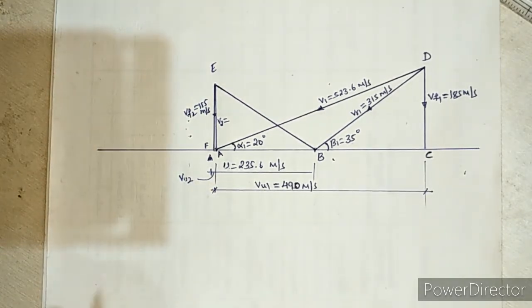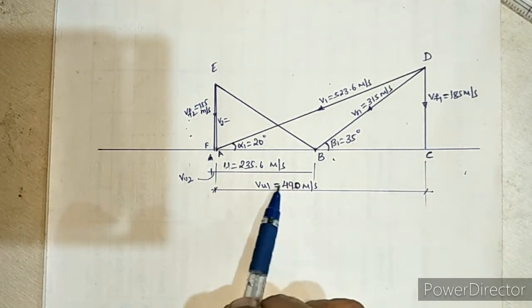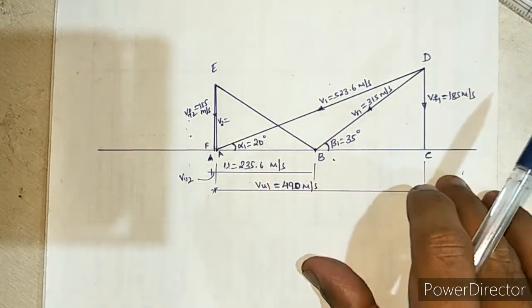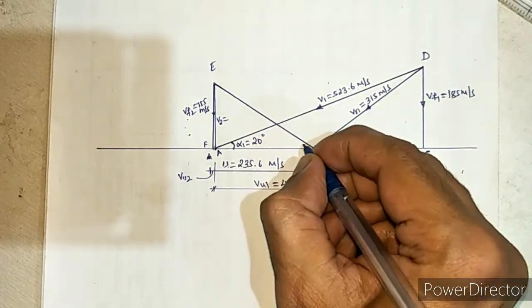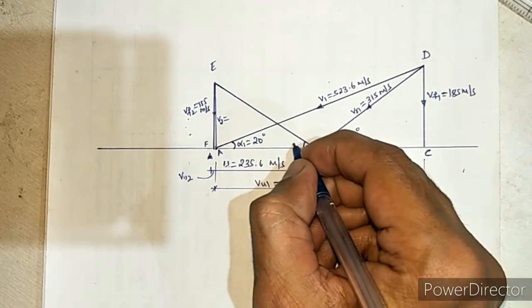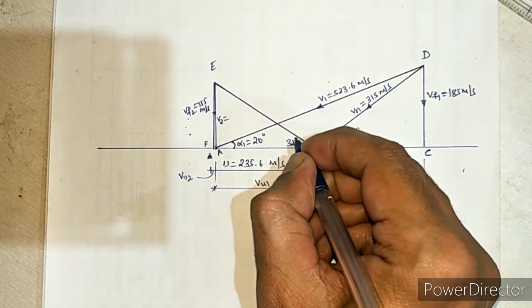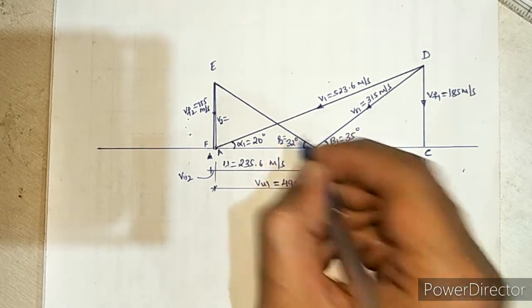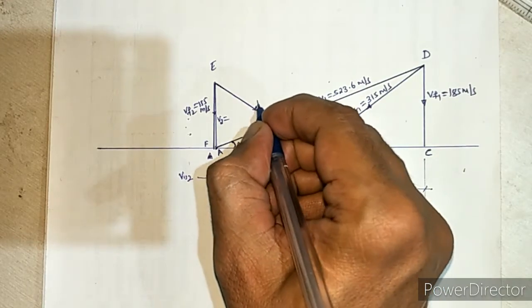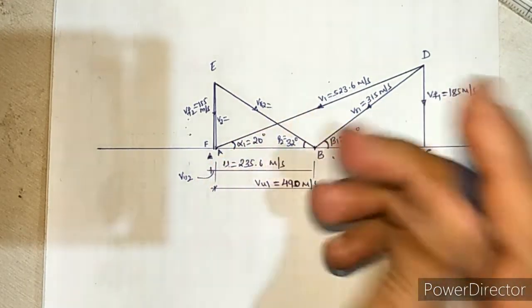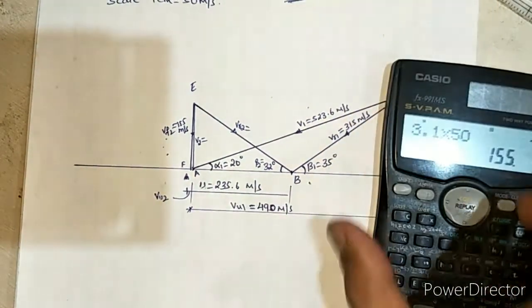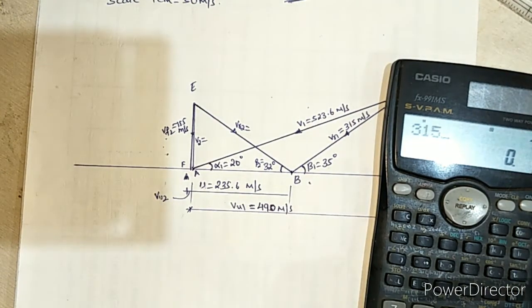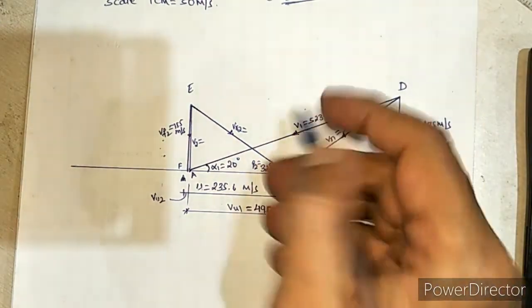This is how you have to draw the velocity triangle. This angle beta 2 is 32 degree, and this is VR2. VR2, how much have we obtained? It is 315 into 0.9, so it is 283.5.